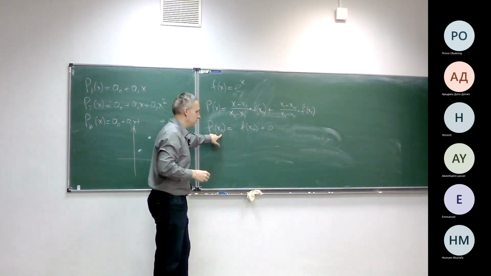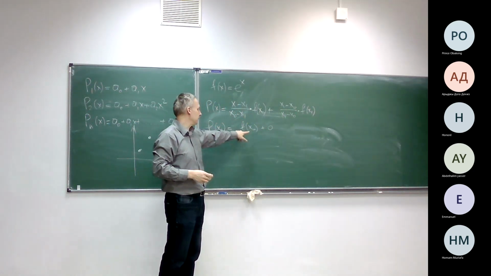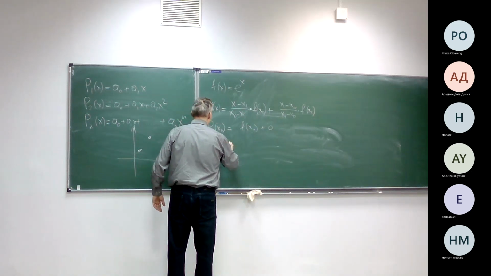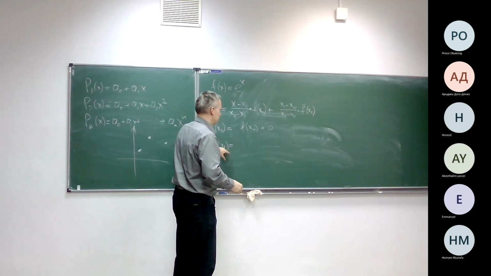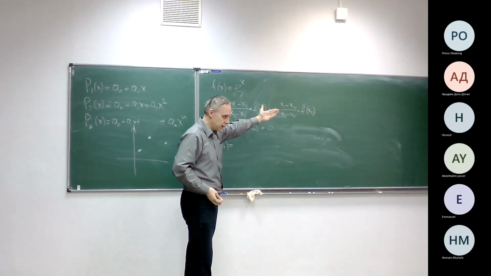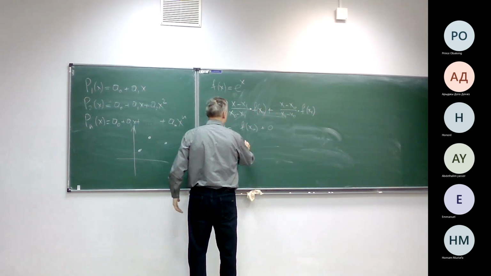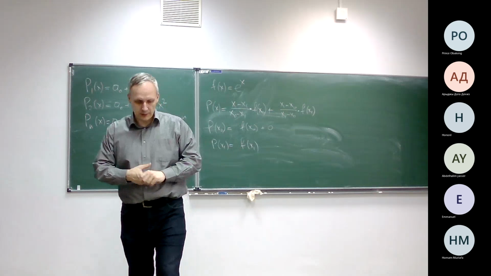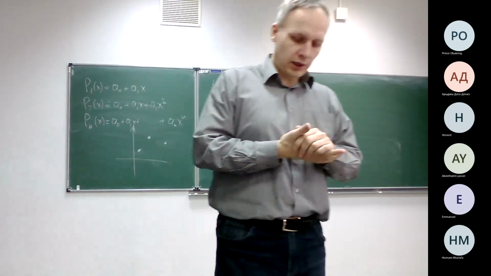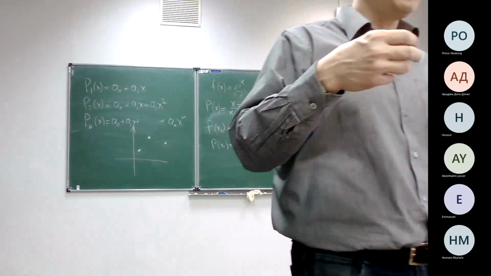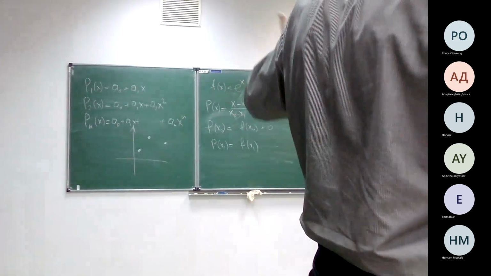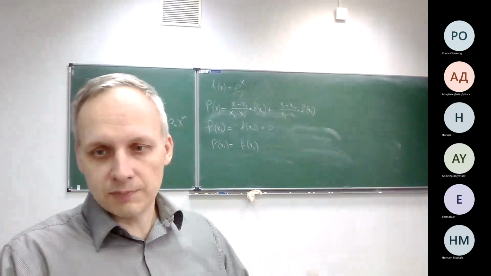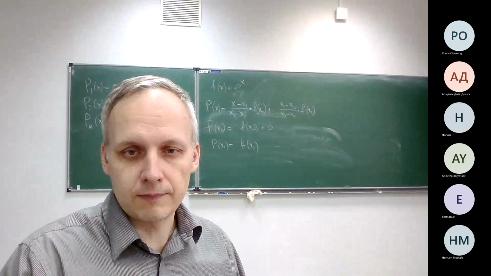So the value of the polynomial at the point x0 equals f of x0. And the value of the polynomial at the point x1, if I substitute x1, will be f of x1. So I can say that the polynomial agrees with the function at the points x0 and x1. It passes through the same points.